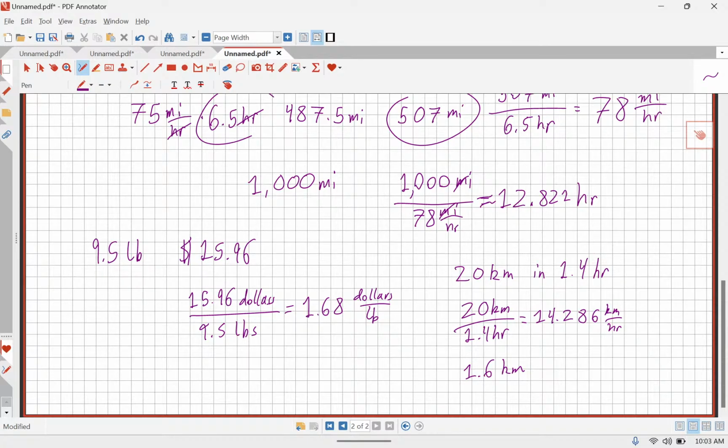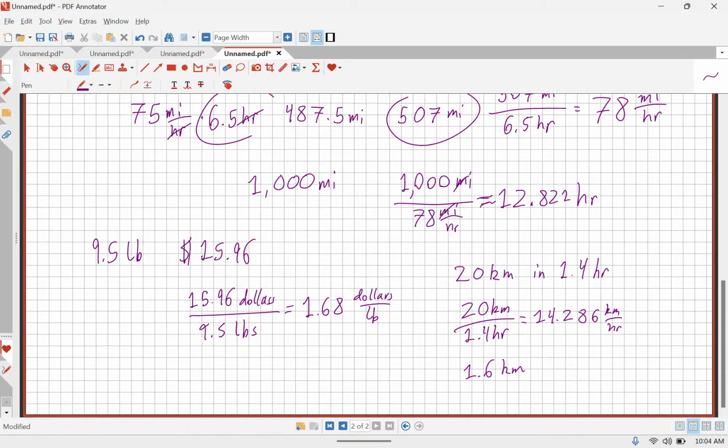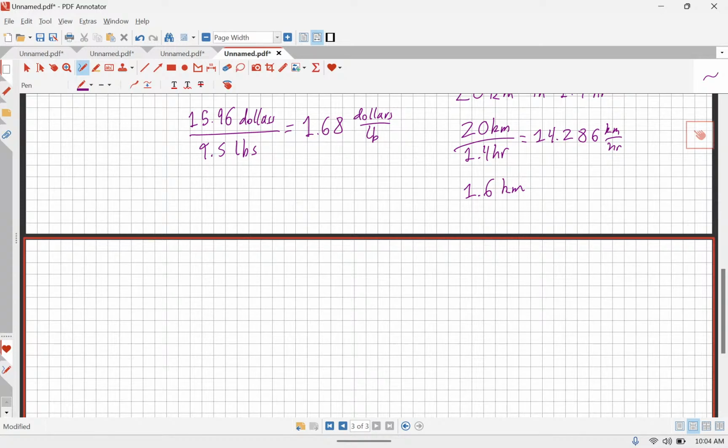Sure, which direction? So I guess we could try both of them. Like 14.286 kilometers per hour divided by 1.6 kilometers. And something you'll hear me say a lot is follow the units. So I'm not even going to worry about the numbers for a second.